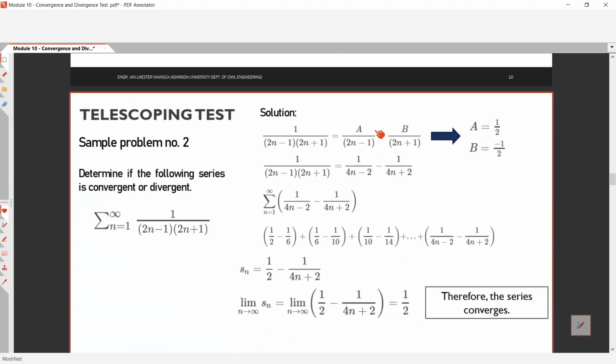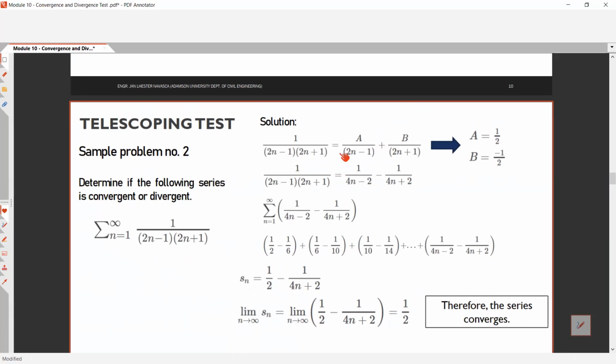Okay. So taking the partial fractions, 1 over 2n minus 1 times 2n plus 1 is a over 2n minus 1, plus b over 2n plus 1. So to solve for a, substitute a value of n that will make the denominator 0, para maging 0 lahat ng terms.